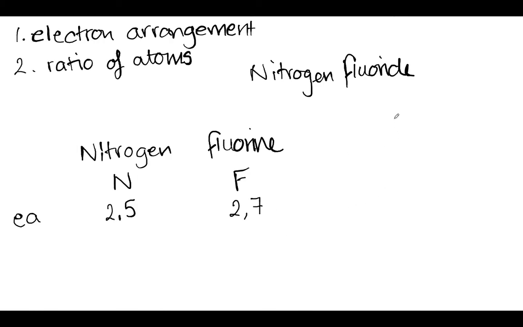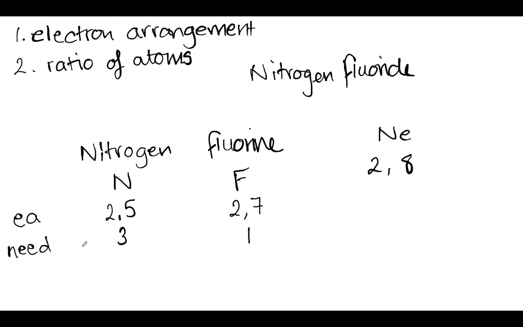Now, both nitrogen and fluorine want to be like neon, which, in case you've forgotten, has the electron arrangement 2, 8. So that means that nitrogen needs 3 more electrons and fluorine needs 1 more electron.